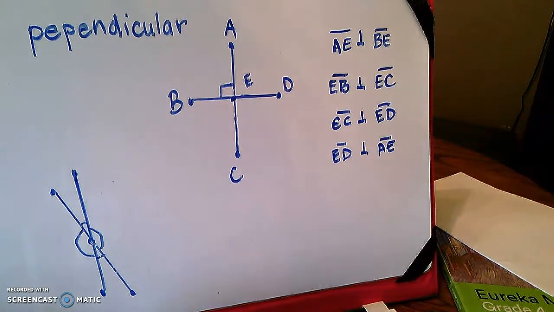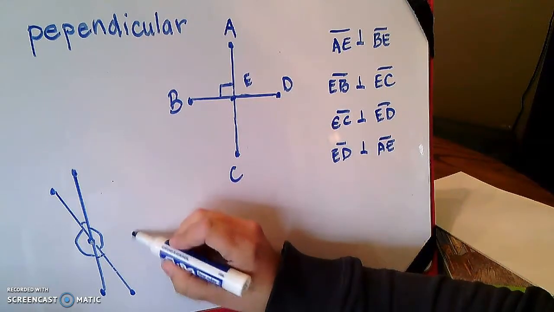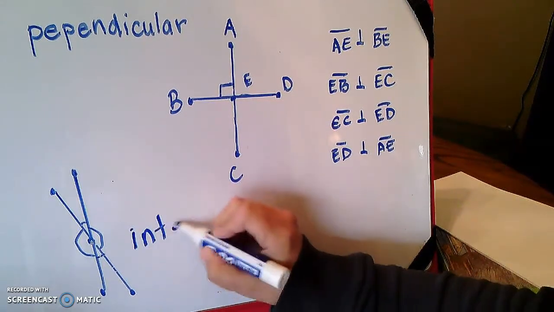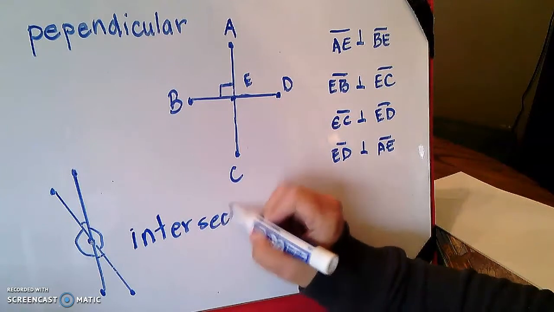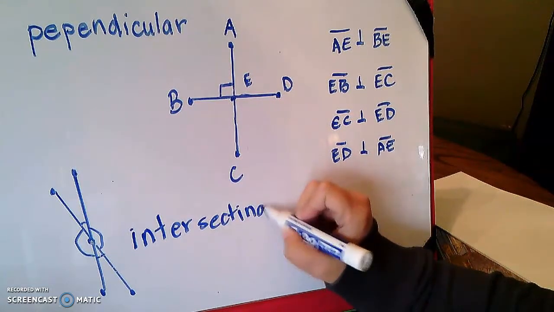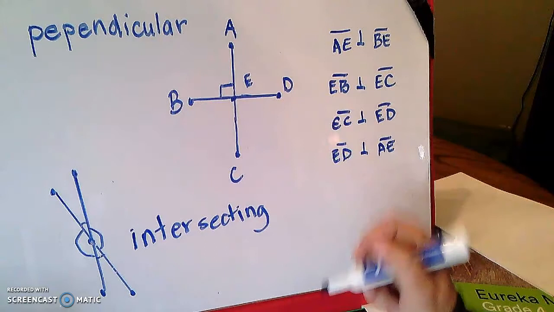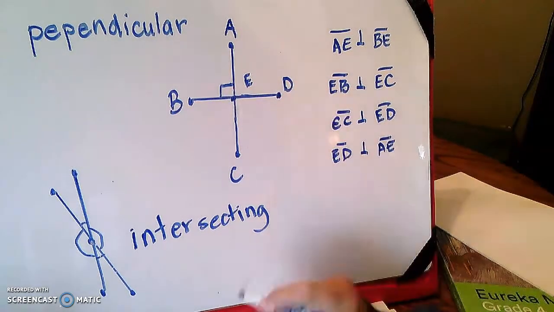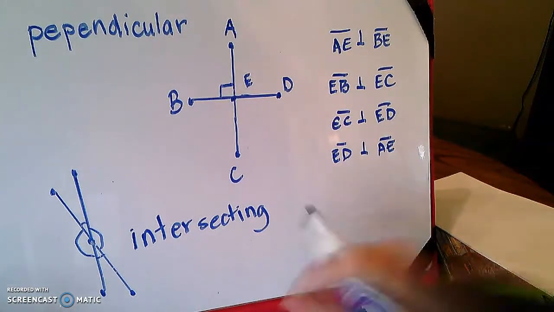These lines that form an X are just merely called intersecting. So even though these lines also intersect, because they intersect at this very special right angle, they are called perpendicular.